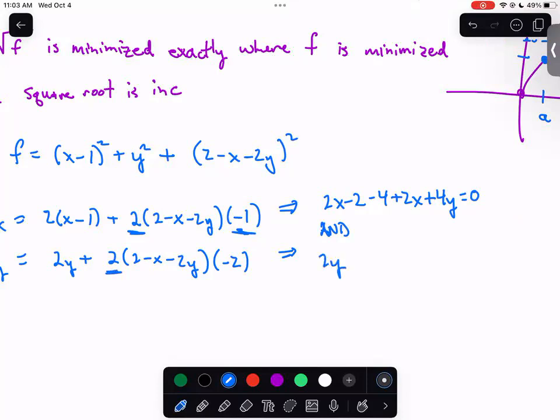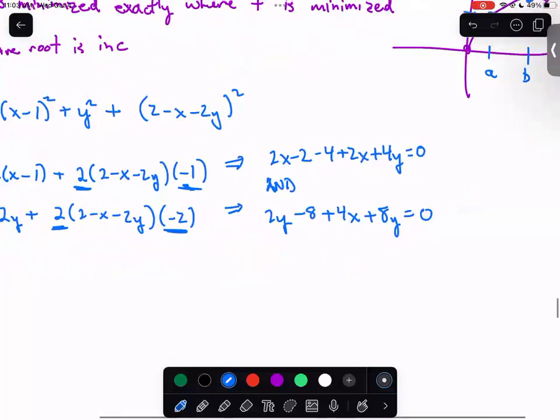And then I'm going to just try to distribute a negative 4 to each piece. So negative 4 times 2 would be negative 8. Negative 4 times negative x would be plus 4x. And negative 4 times negative 2y would be plus 8y.